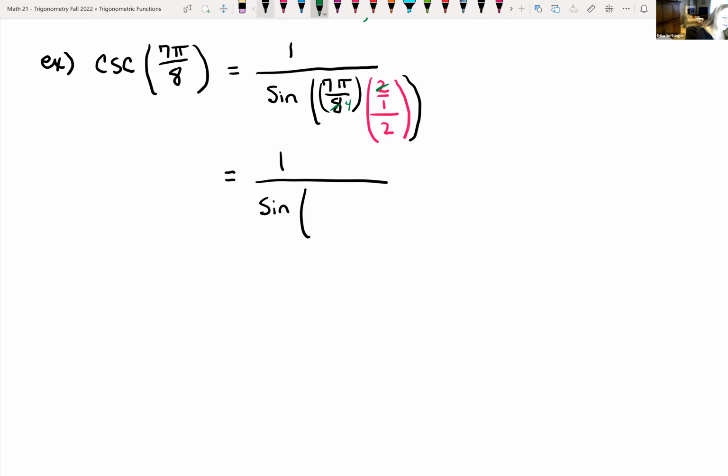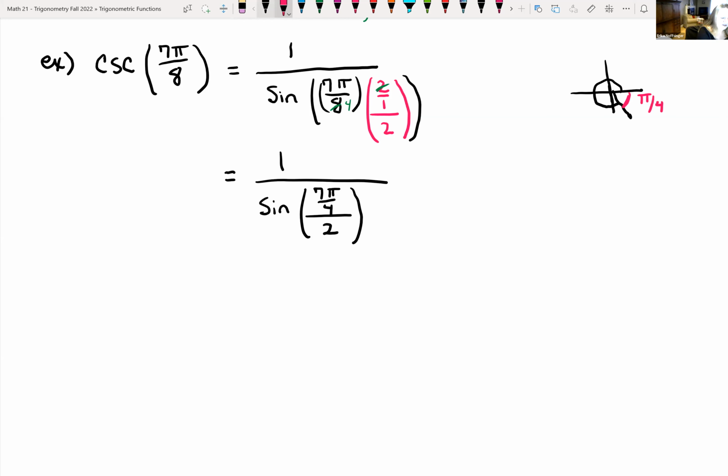So we're left with 7 pi fourths as our numerator, all divided by 2. So if we look at 7 pi fourths, that gets me down into the 4th quadrant with a reference angle of pi fourths.